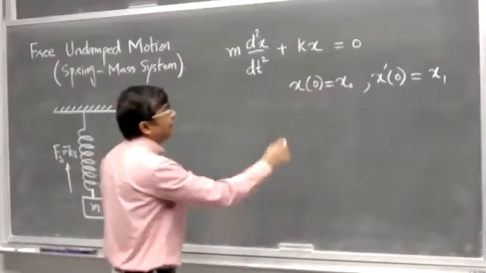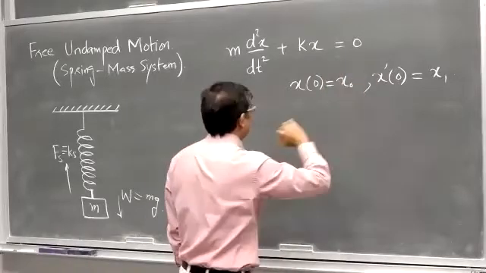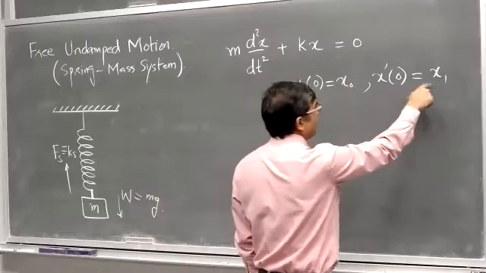If we analyze the initial conditions, for example, x of 0 is equal to x naught and x dash of 0 is equal to x1.